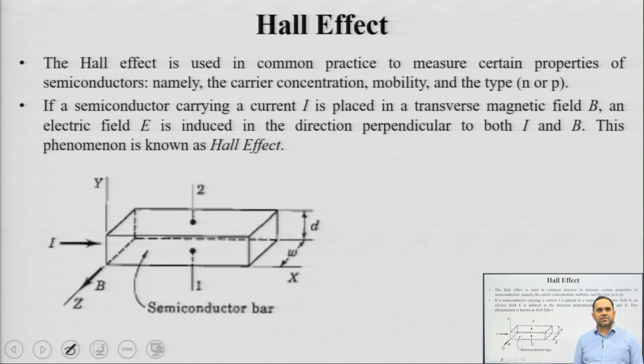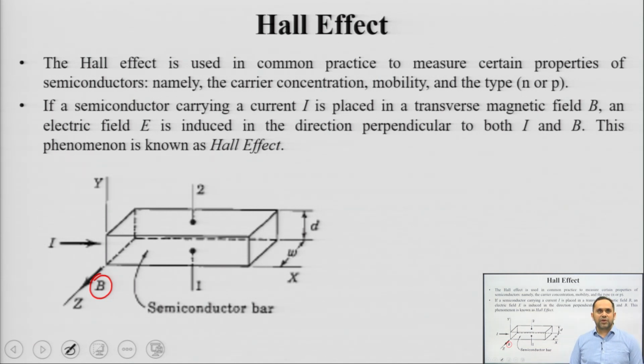This semiconducting crystal is under the influence of an external magnetic field B, and current I has been applied to it, and we are going to see what the effect is in a situation where a semiconducting material has been kept inside a magnetic field and a current has been applied in such a way that the directions of current and magnetic field are perpendicular to each other. So, this is the setup which is used for understanding the application of Hall effect.